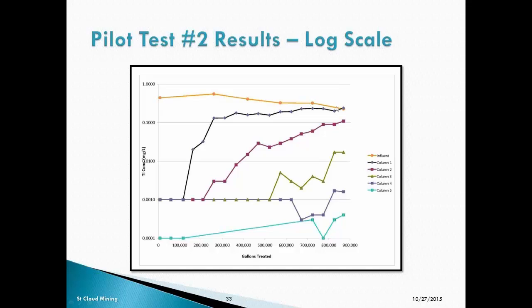You have high levels of effluent coming in. The first column comes in contact with it. You start to get breakthrough at some point, but the water is still going through the second column, going through the third column, going through the fourth column, and finally going through the last column. But we're staying below the discharge level required by their MPDES permit.